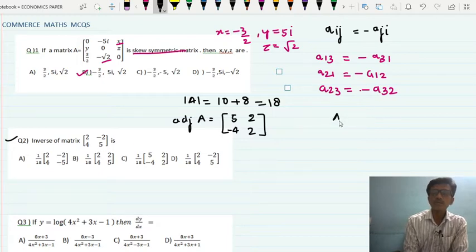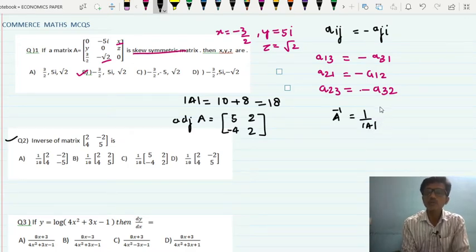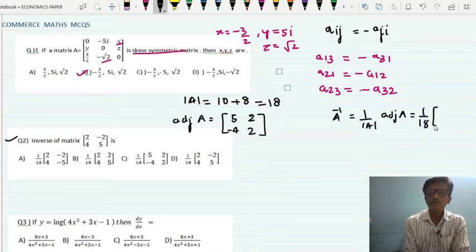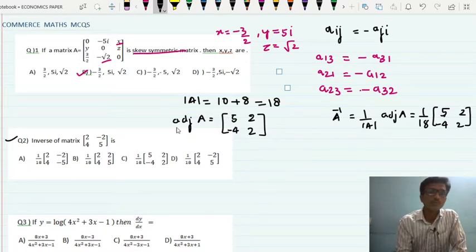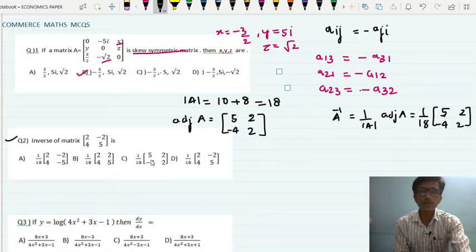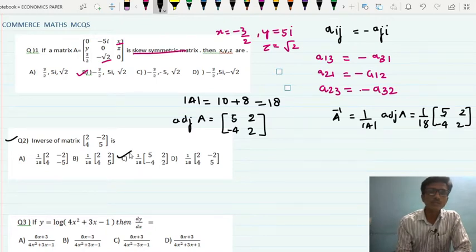So the inverse of the matrix is given by 1 upon determinant of A into adjoint of A. Determinant of A is 18 and the adjoint is 5, 2, minus 4, 2. So this will be the inverse of the matrix. So we have this, which is option C.